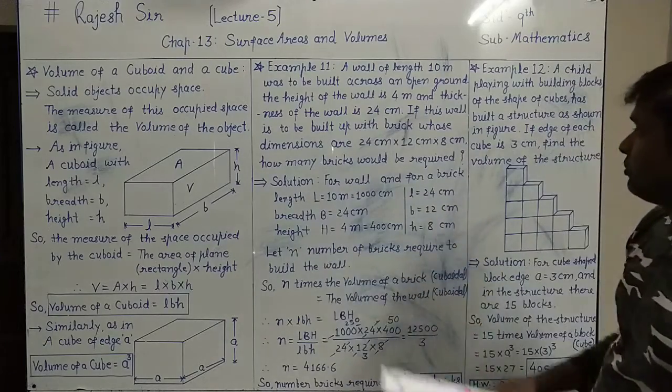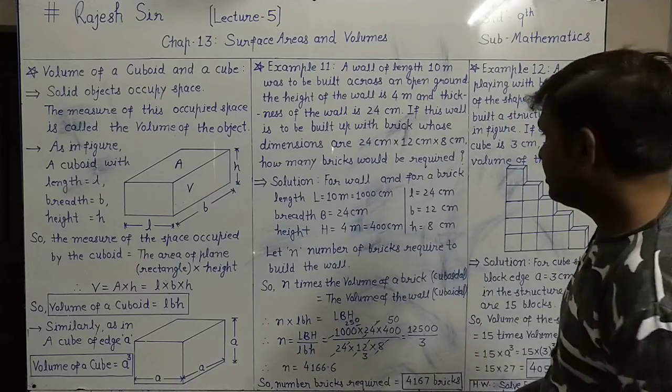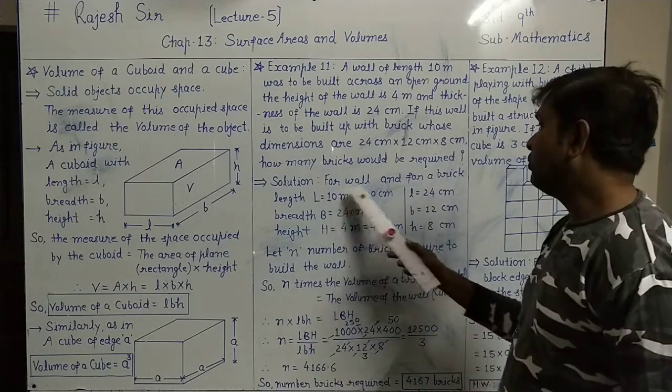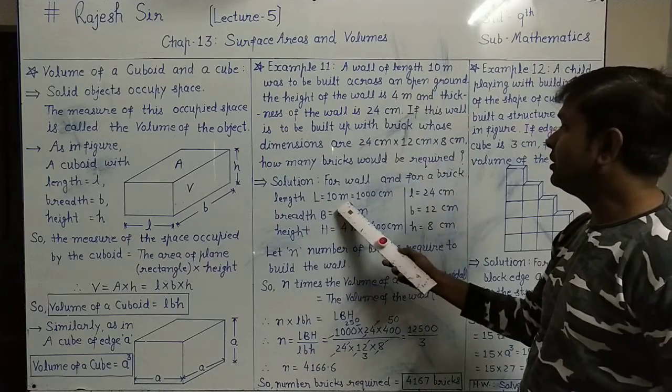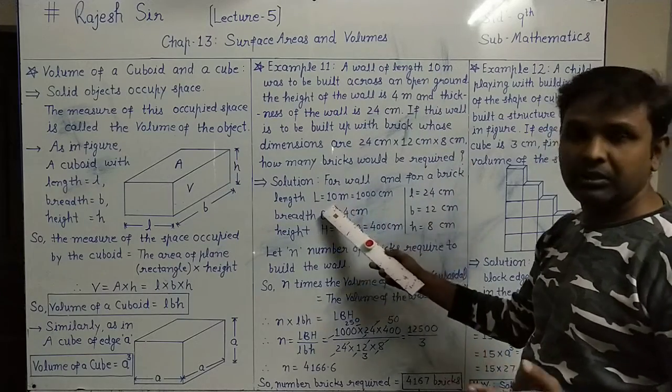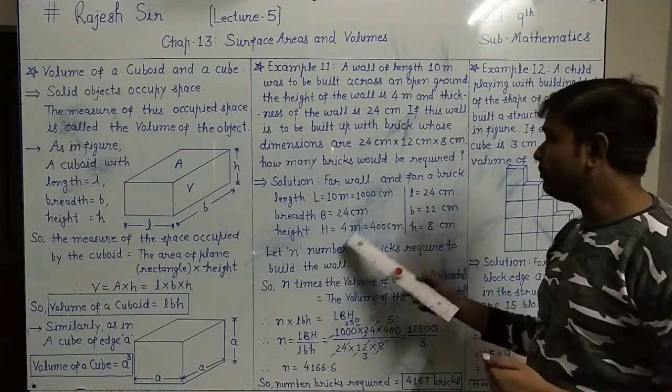In the solution, for the wall and for a brick, we will first note the given things. For the wall, the length is 10 meter. In centimeter, multiplying 10 into 100, it will be 1000 centimeter.